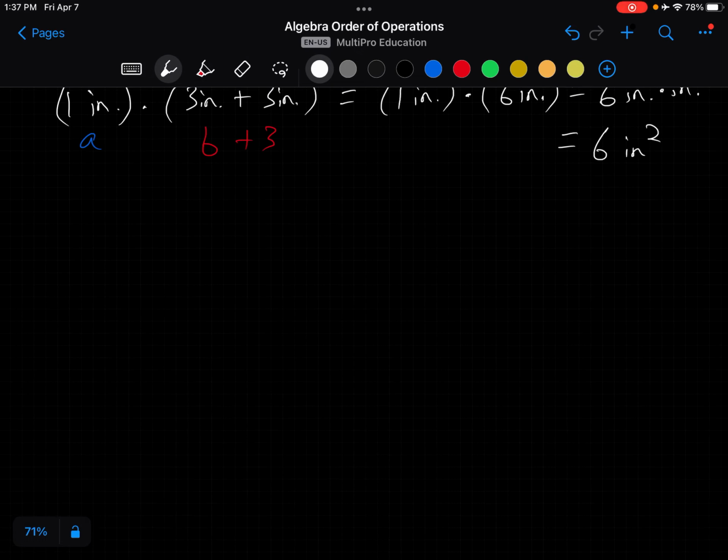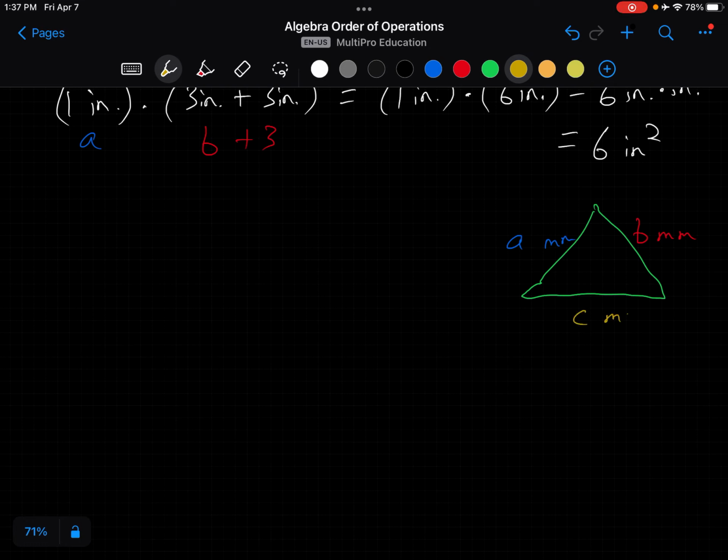Okay, so let's try another problem. Let's imagine that we have a triangle. And one side is A millimeter. And another side is B millimeter for the length of the side. And another side is C millimeter. So what do we want here?